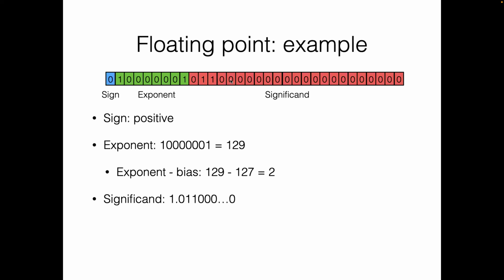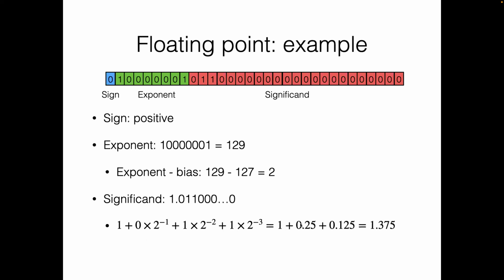Then the significand, so all of these are zeros, so we can just look at this starting point. And the 1 here is implicit. So it's basically saying that, okay, this represents 1.0110000. And then again, we're using this base 2. So this is basically saying, okay, 1 plus 0 times 2 to the minus 1 plus 1 times 2 to the minus 2 plus 1 times 2 to the minus 3, and then the rest are zeros.